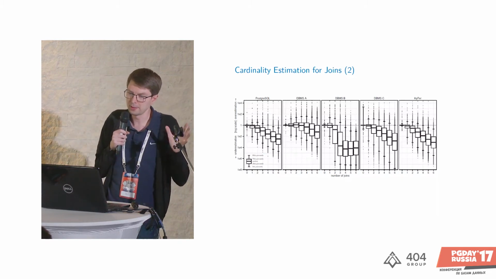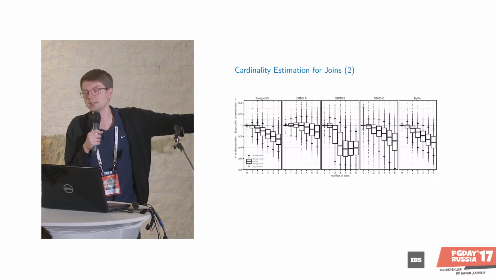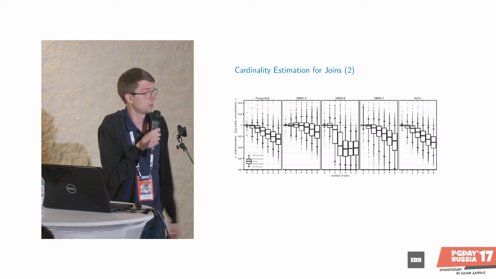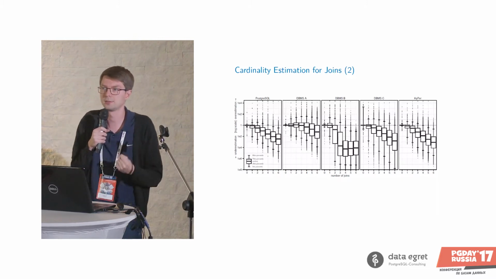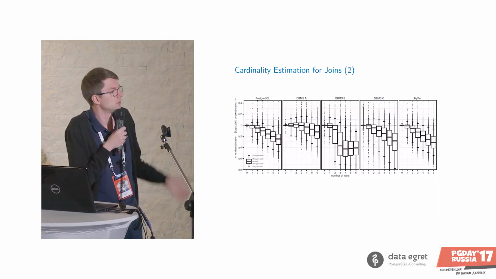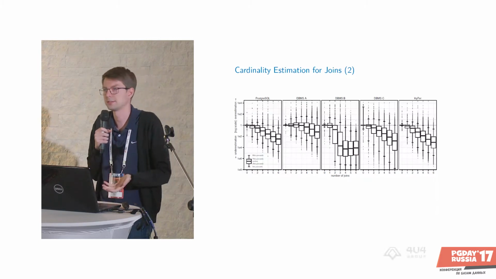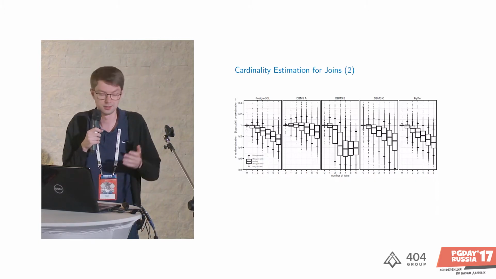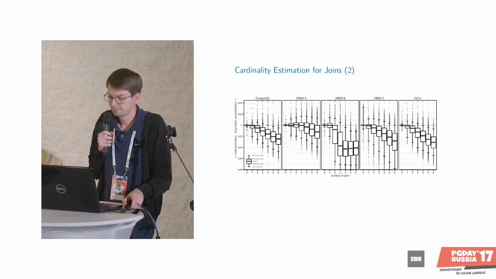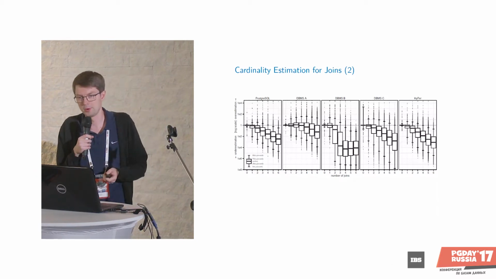But the main message is not so much that system A is better. The main message is they are all terrible, because it's still log scale. So the range that we're seeing here is that the estimates are off by huge factors. And we're not talking about 10% again, but a factor of 100 all the time, right? So yeah, that's pretty sobering if you think about it.